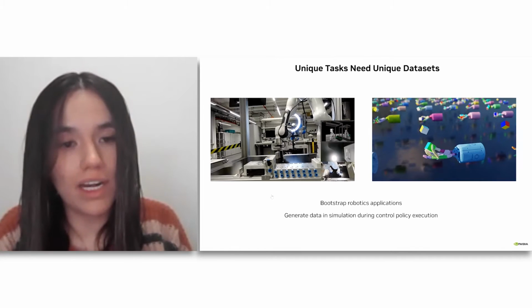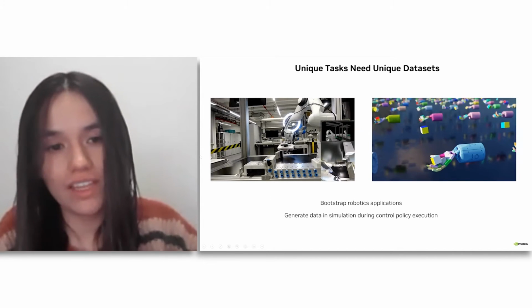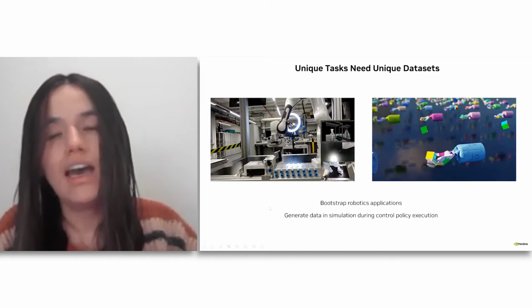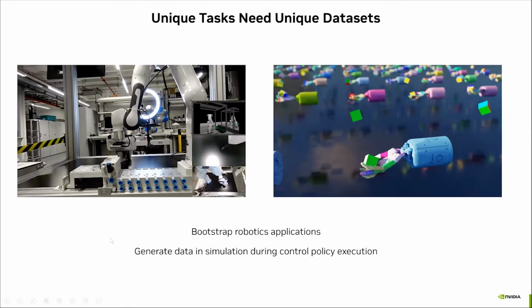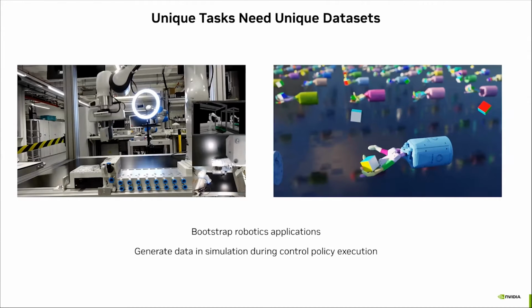Even more unique tasks can only be done with synthetic data. Here we're talking about pose estimation. On the left, we have a robotic arm that was trained to detect the pose of that valve that you see in the background. For detecting pose, you are talking about the position of the object in space and how rotated it is.